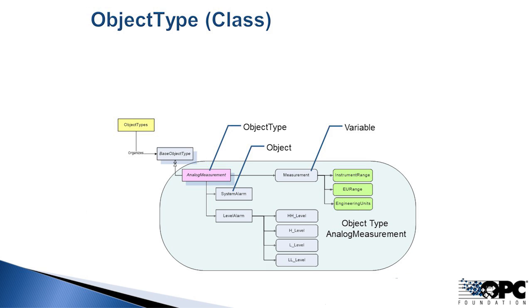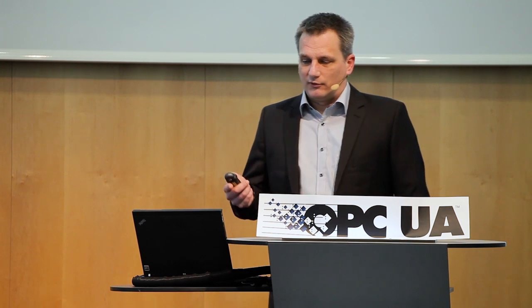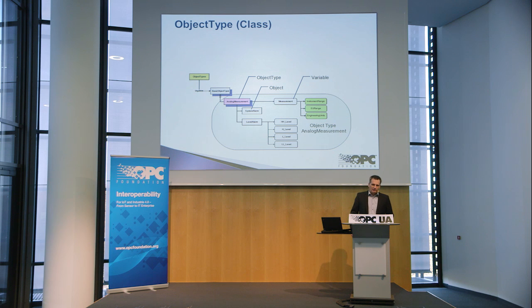And it consists of a system alarm, of a level alarm. It has, of course, the measurement itself, where we can find the measurement value. And the value has then properties like instrument range, EU range, and the engineering unit. So if the measurement is a temperature, then the variable will be 25, and the engineering unit will be degrees Celsius. So with that, we can describe the whole analog measurement.